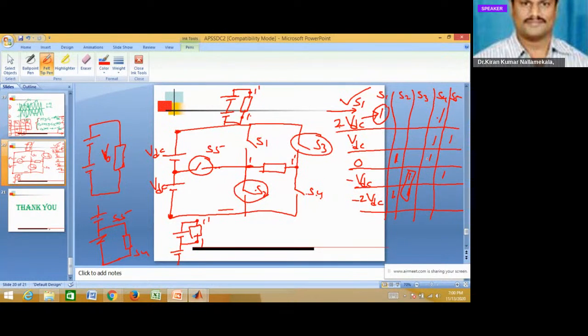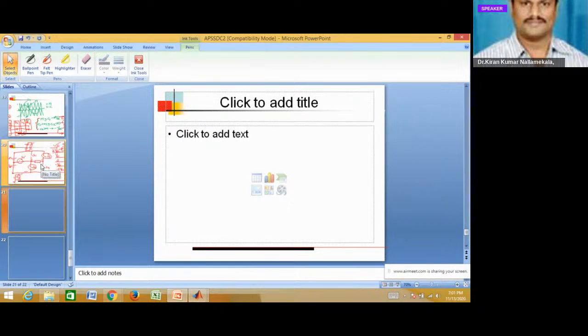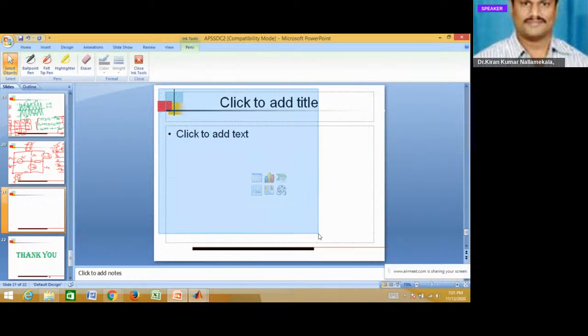For S5, the VDC and minus VDC voltage level signals are given. Okay, so now we will see how to generate the gating signals for the 5 level inverter, the 2 VDC gating signal, the VDC gating signal and so on.